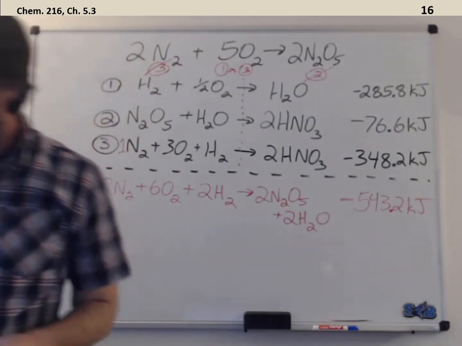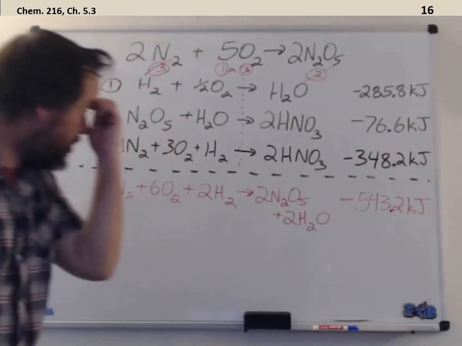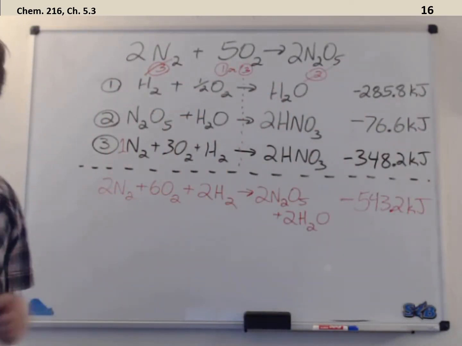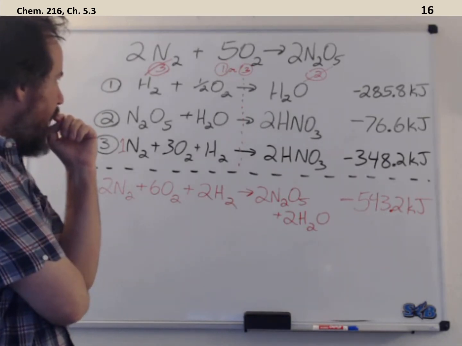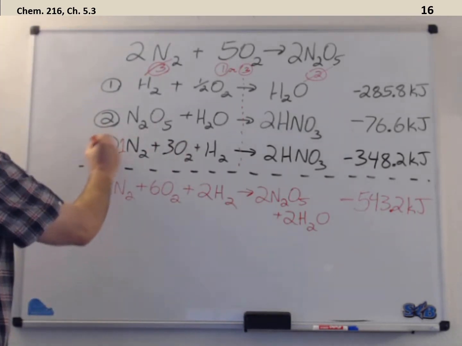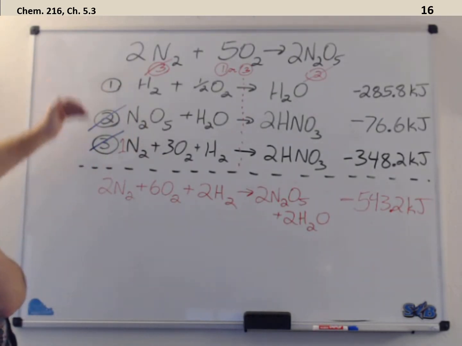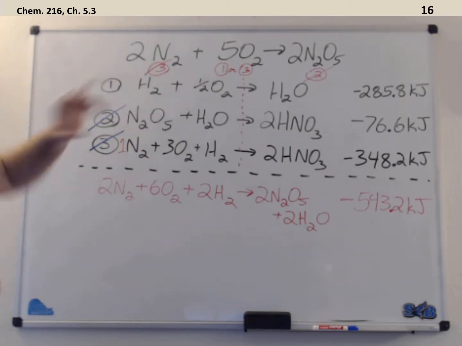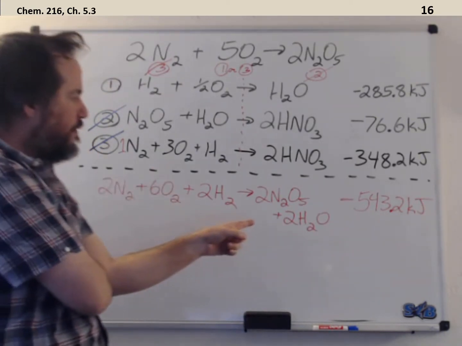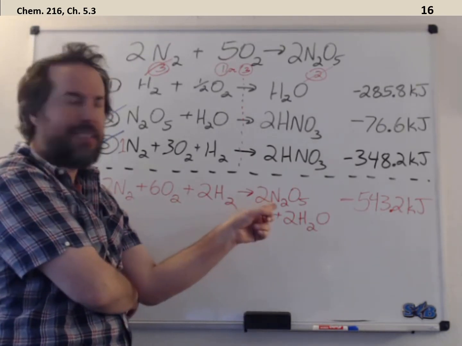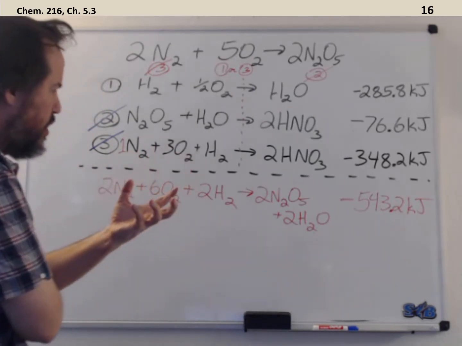So now I need to try to get rid of some of this stuff. I've used number 3 and number 2, so can I use number 1 to help me get rid of some of this extra stuff? Let's look at this. I have 2H2O here as a product. If I want to get rid of that, what do I have to do?